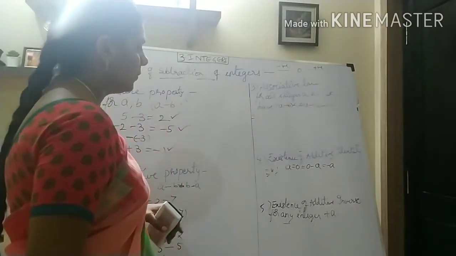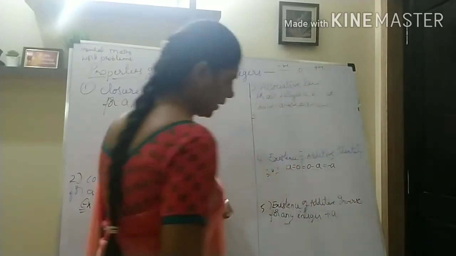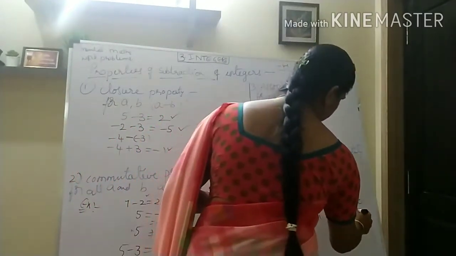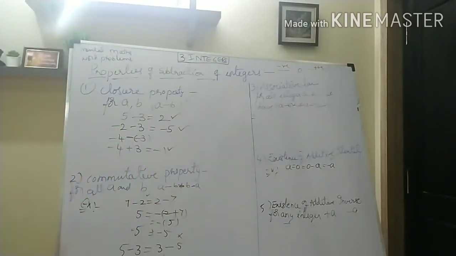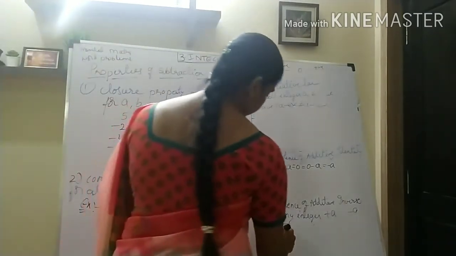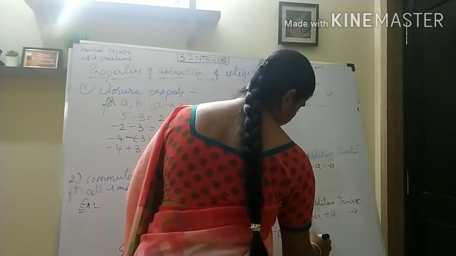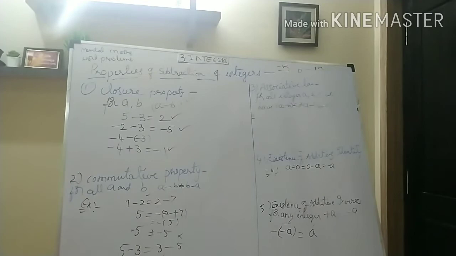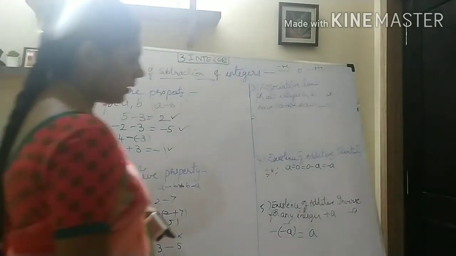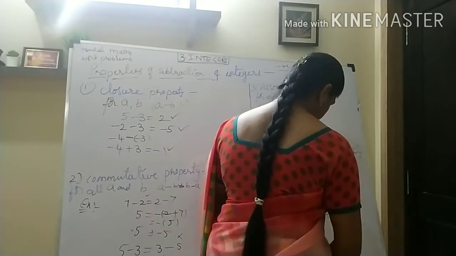Okay. Now see existence of additive inverse. For any integer plus a, there exists minus a. If we have minus a, additive inverse means applying minus here, it will become plus a. So what we have learned: the additive inverse of minus a is plus a.